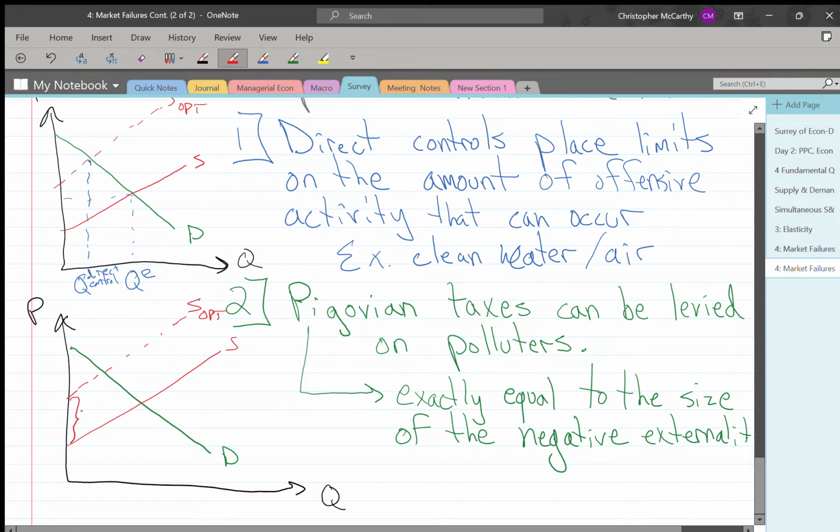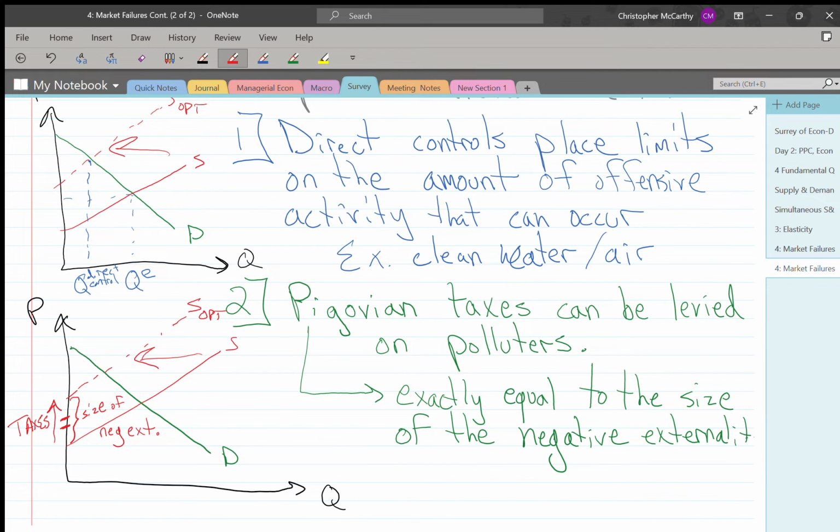What's the size of that negative externality? And that ends up being how much they increase the taxes by. Exactly that size. Which does the same thing as the direct control. So they look the same in the graph, but they're different kinds of mechanisms.